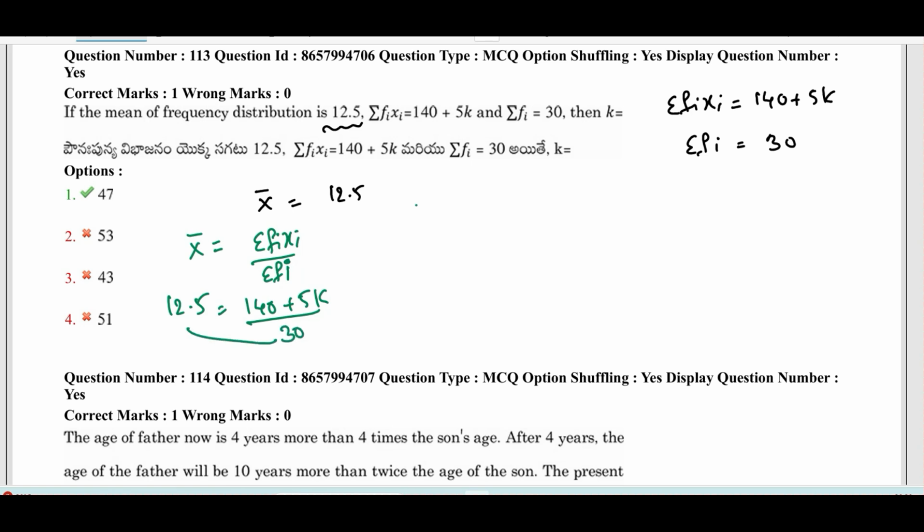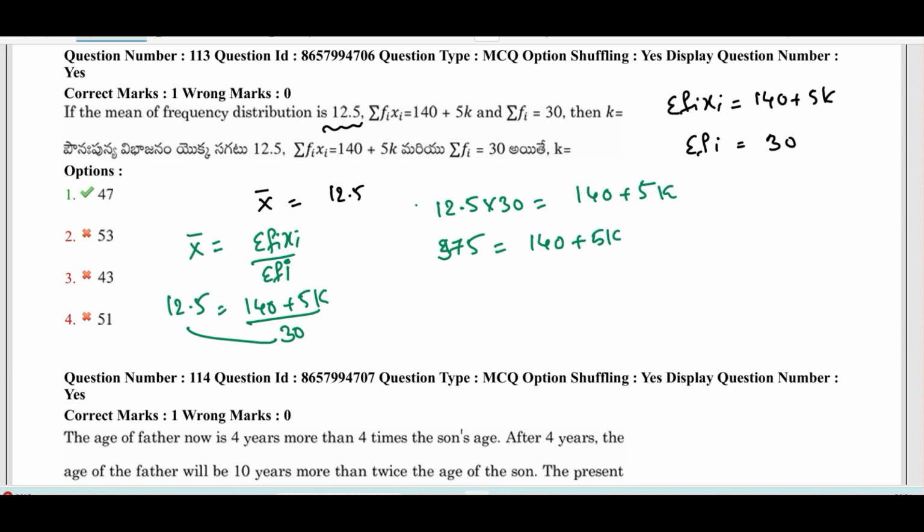Transposing this 30 to the other side, we can write 12.5 into 30 equals 140 plus 5k. From this, 12.5 into 30, multiplying this we get 375, that is equal to 140 plus 5k.